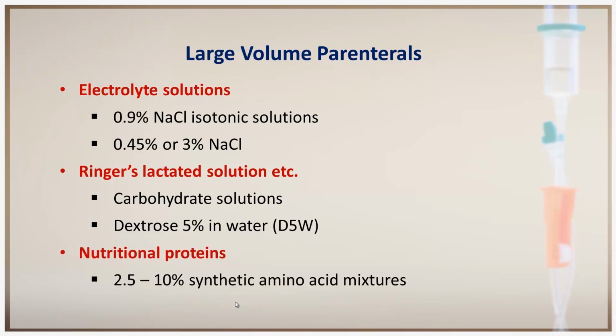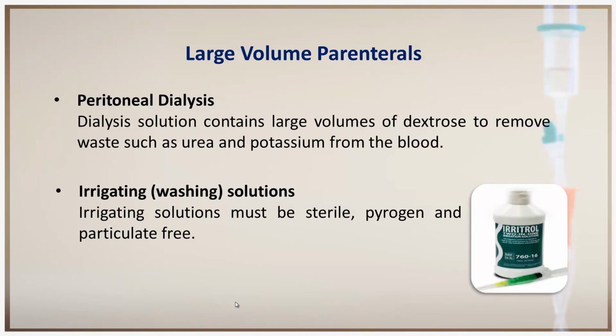Nutritional proteins: 2.5% to 10% synthetic amino acid mixtures used in patients with starvation, renal or hepatic failure or other conditions. Other examples of large volume parenterals are peritoneal dialysis fluid and irrigating solution.